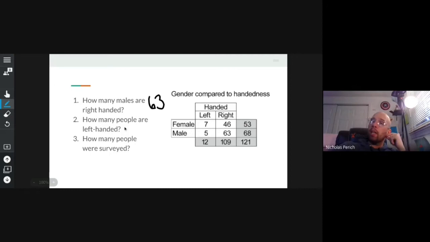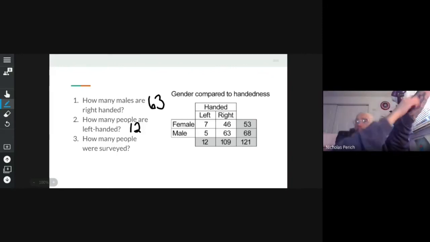How many people are left-handed in the chat? Type out your answer. Good, 12. Did I mention males or females? No. So if I don't mention males or females, that's a big 12. That's a total. How many people were surveyed?